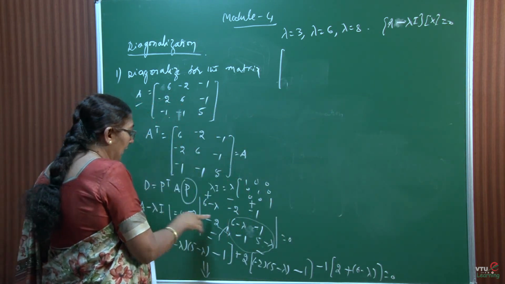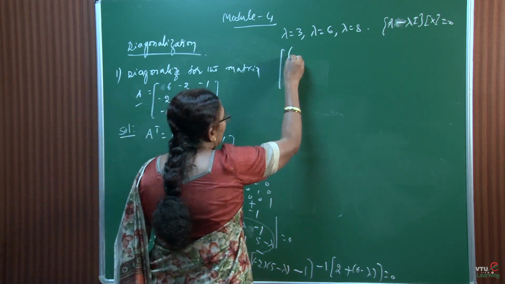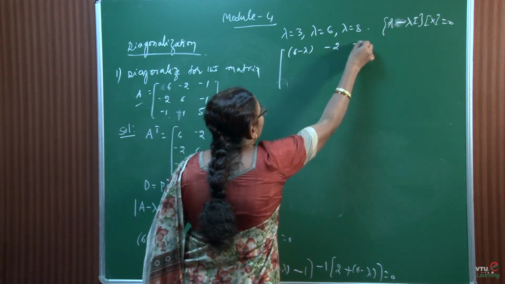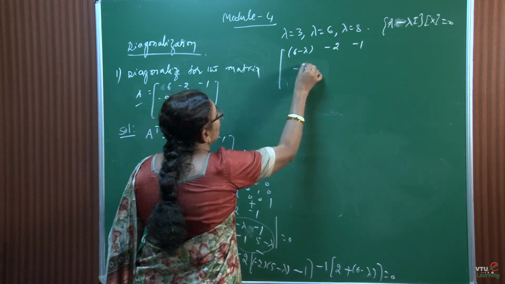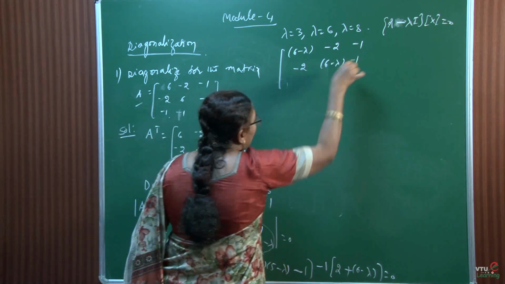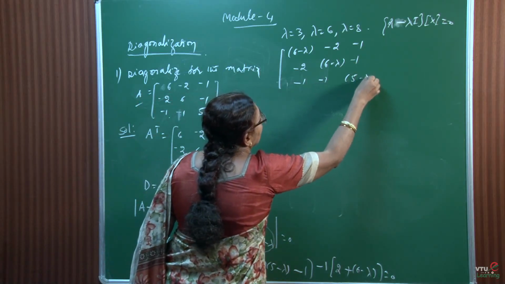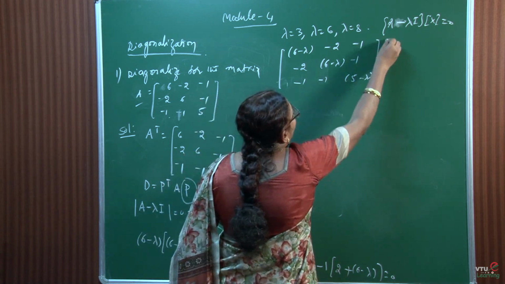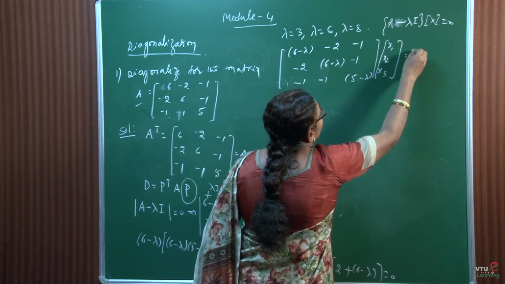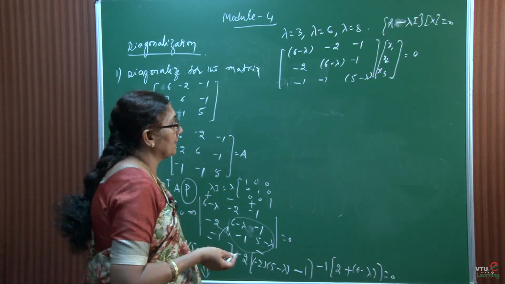You know that A minus lambda I, which I just wrote, is the matrix with rows 6 minus lambda, minus 2, minus 1; minus 2, 6 minus lambda, minus 1; and minus 1, minus 1, 5 minus lambda, times the matrix x1, x2, x3, and it's equal to 0. 0 can also be written as a zero column matrix.